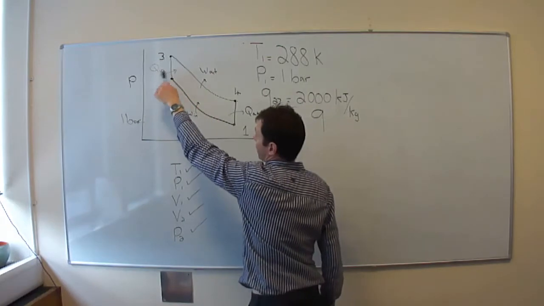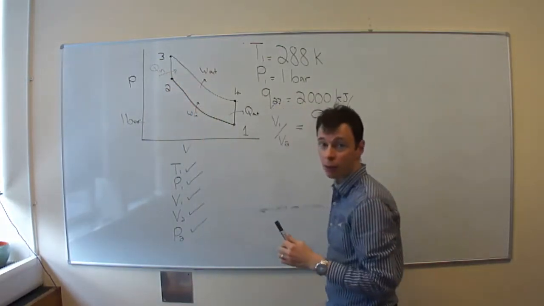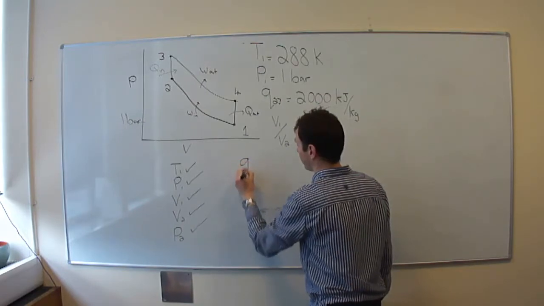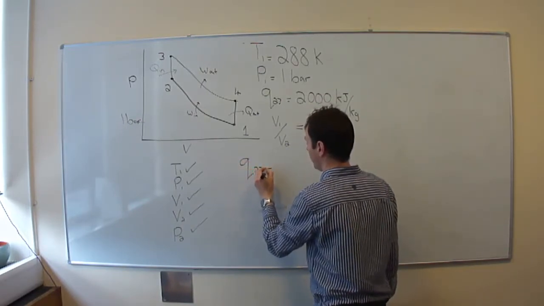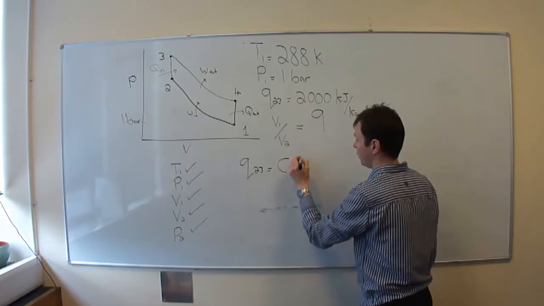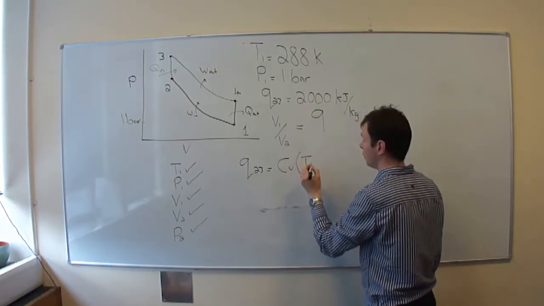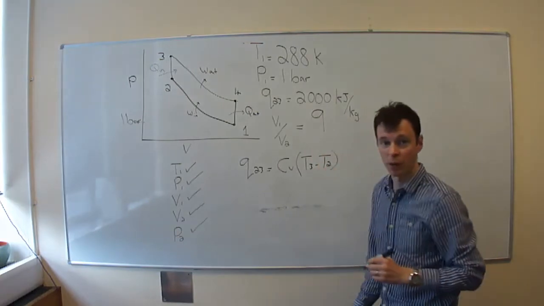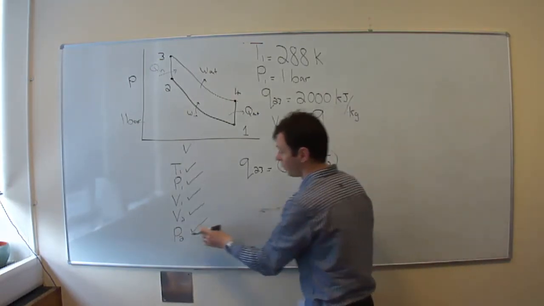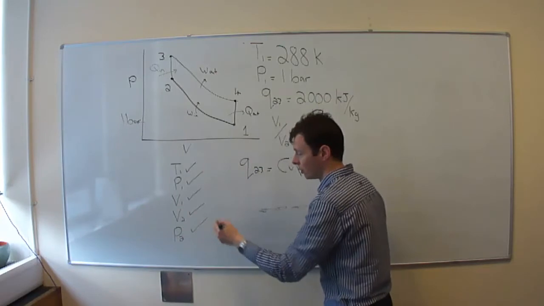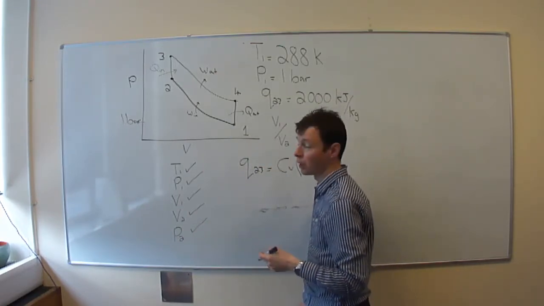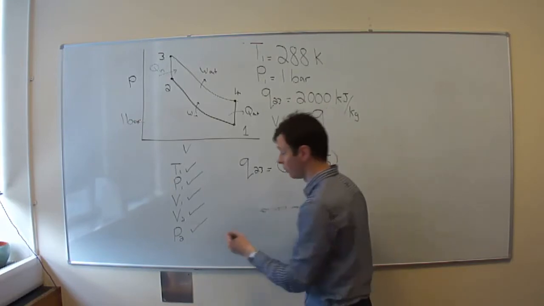We know this is constant volume heat addition, okay? So we can write Q2 to 3 equals CV (T3 minus T2). Okay, we need to work out T2 quickly. So again, we know P2 and V2, so you can use the ideal gas equation to quickly work out T2.